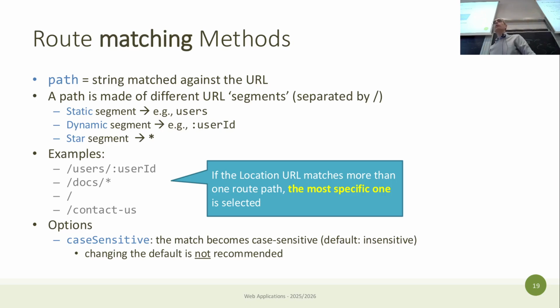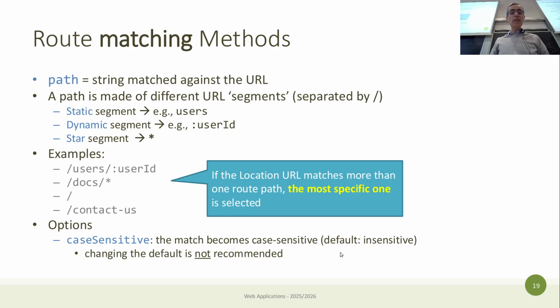A path is made of different URL segments separated by slash. There can be a static segment, as we saw, /news, /about, and so on. It can be a parametric URL. It can be a URL that has some part that is not specified but must be present, like the star. So anything after docs is fine. It matches this URL, or /contact us, and so on.